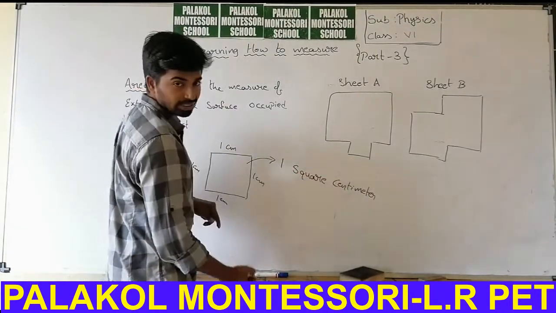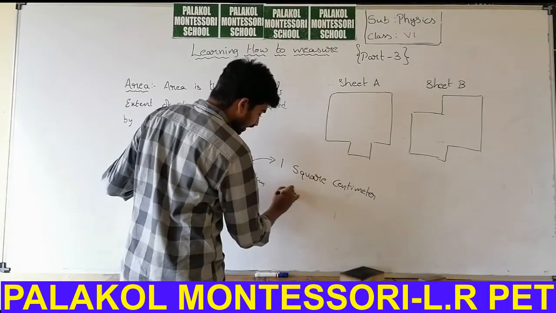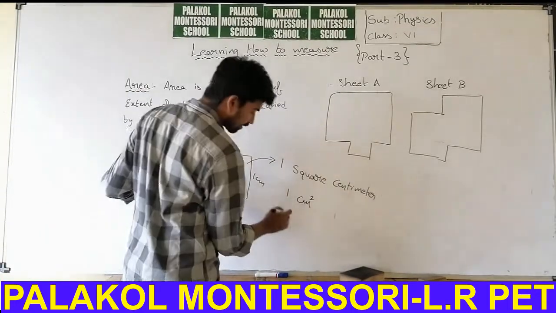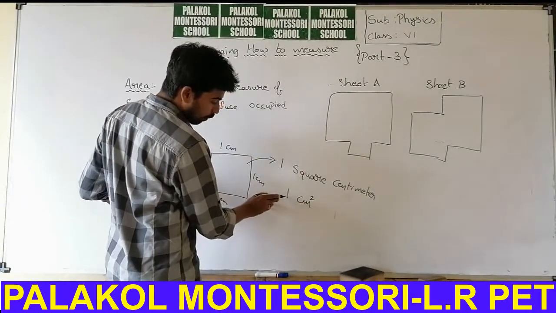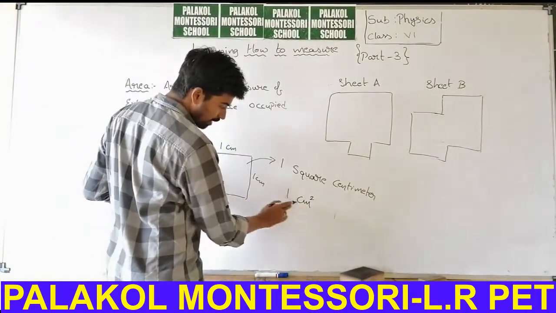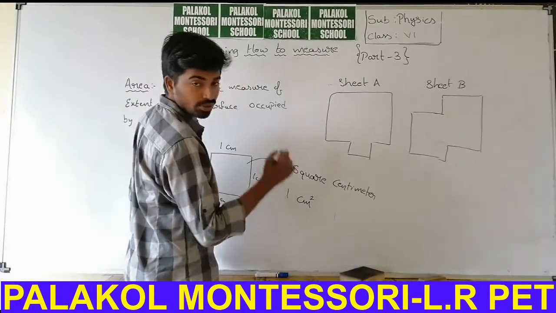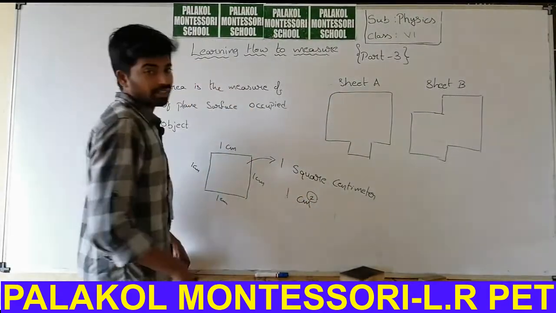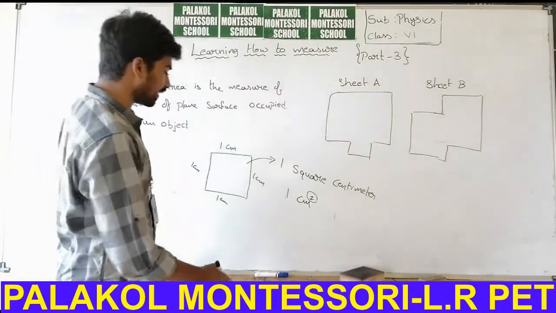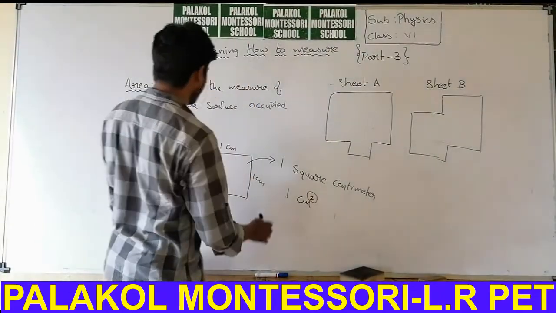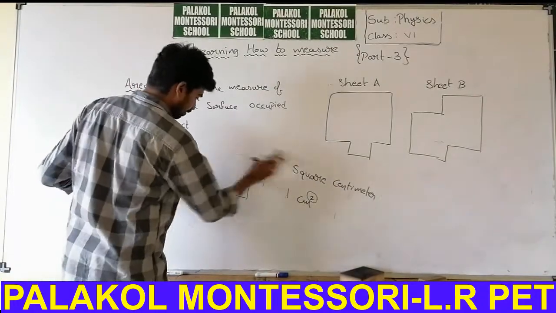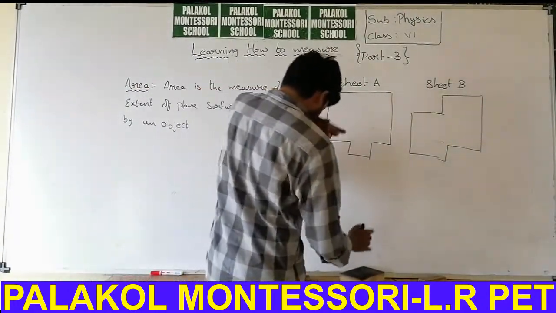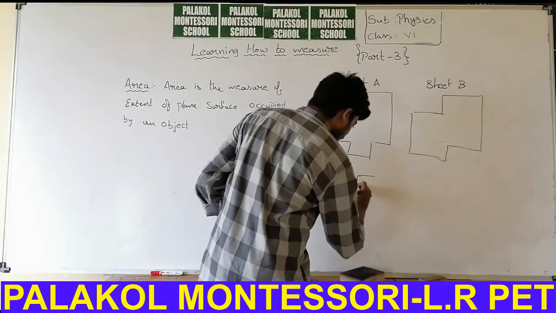Mathematically, we write this as 1 centimeter square. You have to denote the square as a power.